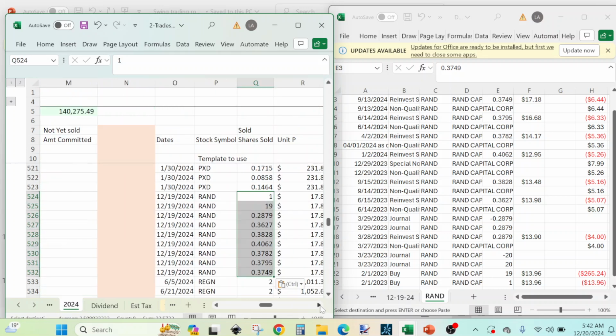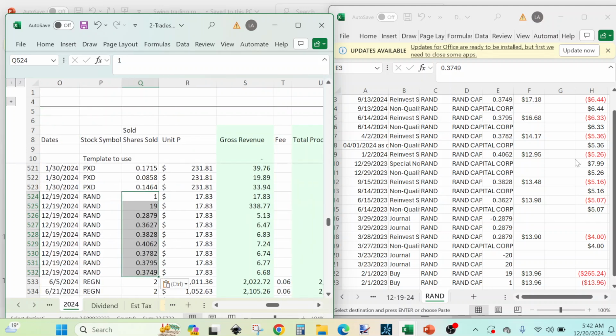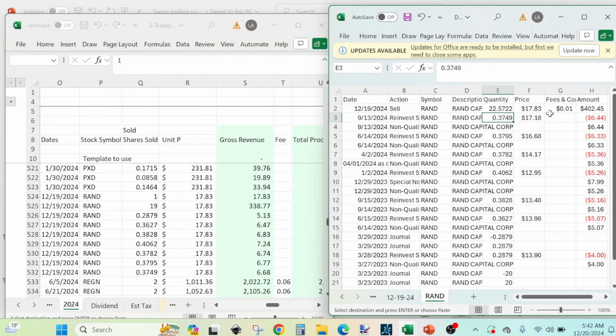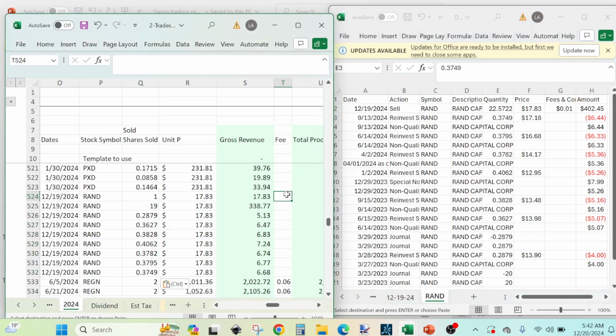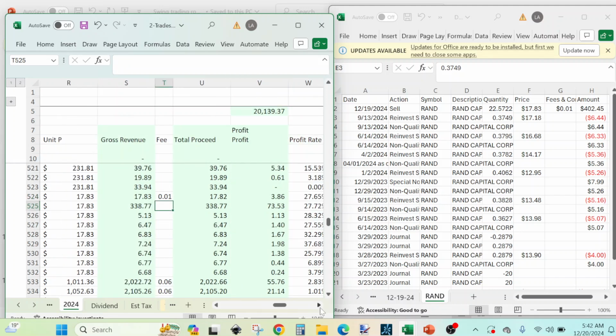We already have the dates and the price that we sold it at in place, and we paid a penny. We can just put that penny for the first one, 0.01, and we can see the profit that we have. I believe it's all the way to here.